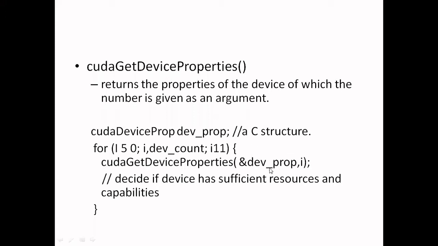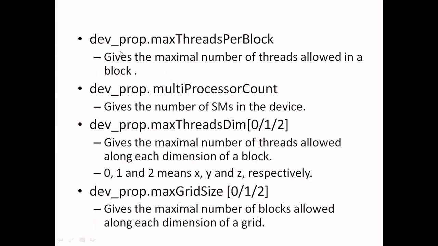In this structure, all the properties are set. Now you can access them. The name is dev_prop, and if it is a structure, you know how to access the properties: the variable name dev_prop dot maxThreadsPerBlock.